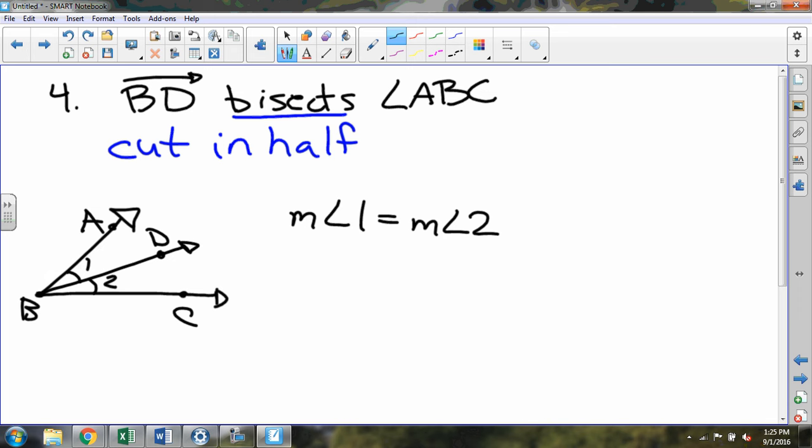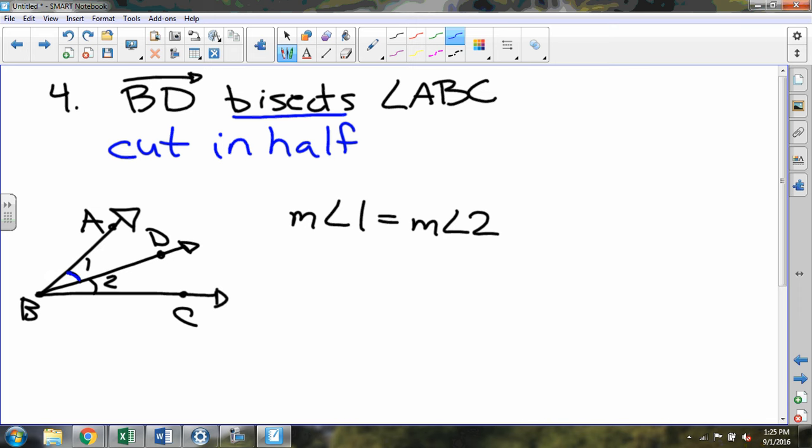Keep in mind, bisecting can also happen with segments. We could have a similar problem where we're bisecting a segment instead of bisecting an angle. The ideas are the same. A midpoint will do the same thing. A midpoint cuts them into equal halves. Well, the second type of problem is based on the segment addition postulate.